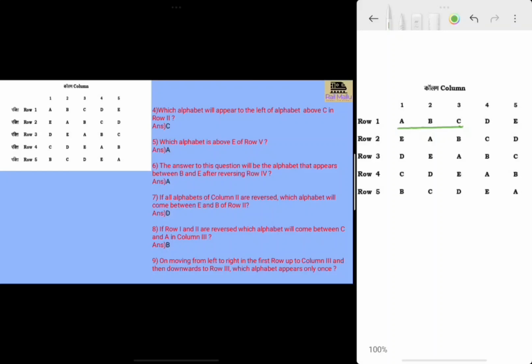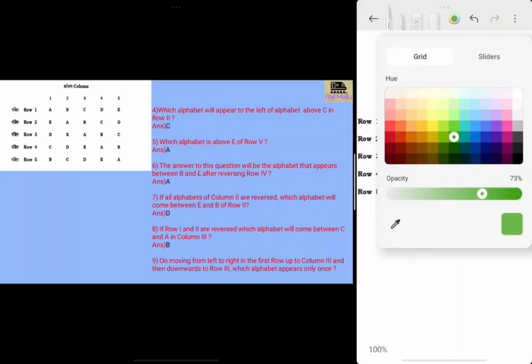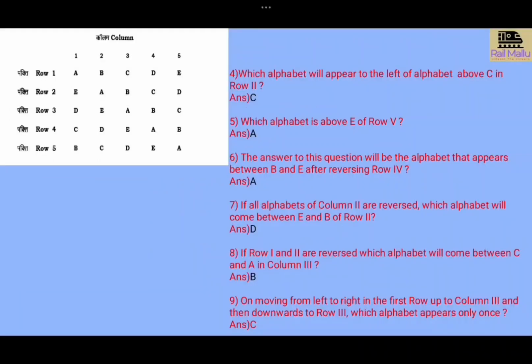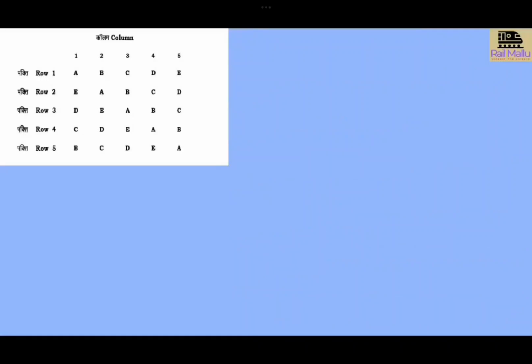And then downwards to row 3, which means up to this point. And the question is, which alphabet appears only once? Which means the answer will be C. So the only letter that appears only once is C. So the answer will be C. So moving to the next question.